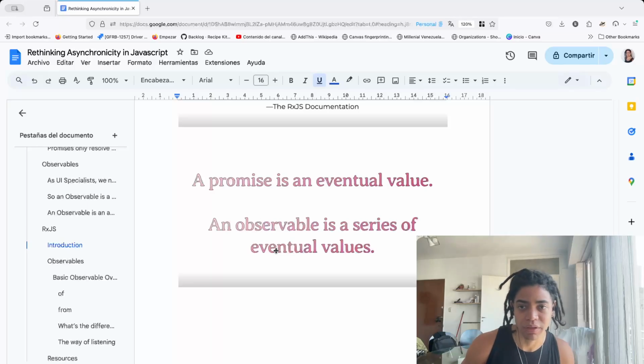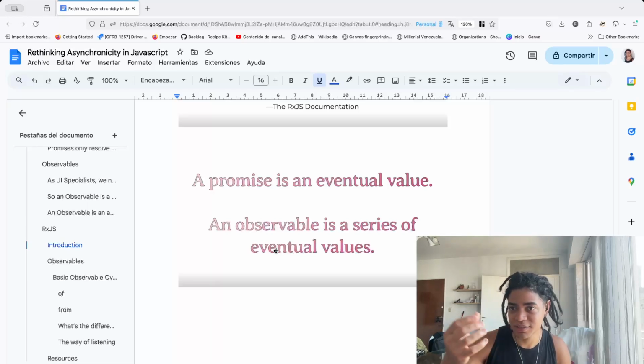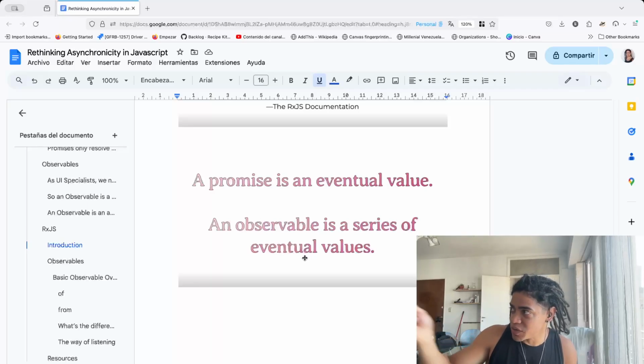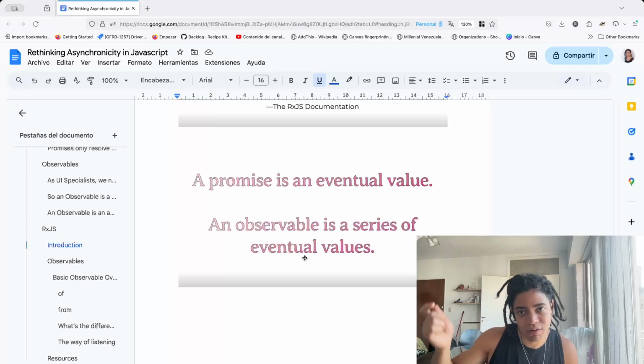For example, if you want to have a fit body, what are the things that you need to do to deal with all of this, to achieve and maintain the goal, right? Which is pretty much what I'm doing here with an observable. It is a series, a stream of data.